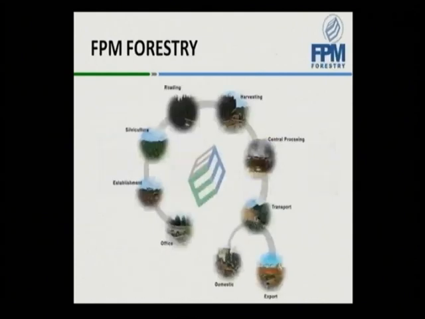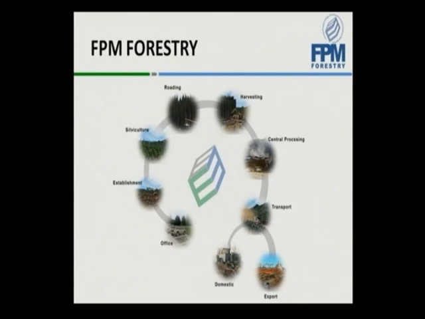So as I said, there's been two tools that have been developed. The first is called FPM Forestry, and what it does is it breaks down the supply chain into its individual components and then requires users to enter data relating to each of those activities. So the activities or processes within the forestry supply chain that the tool captures data for are office or management, so that's basically fleet vehicles and things like that.